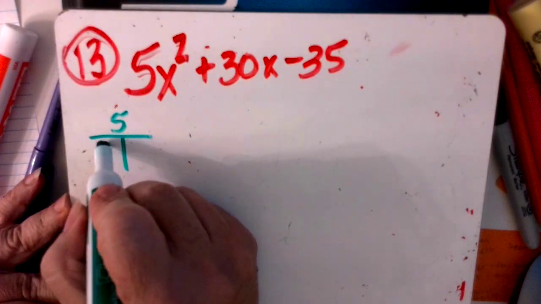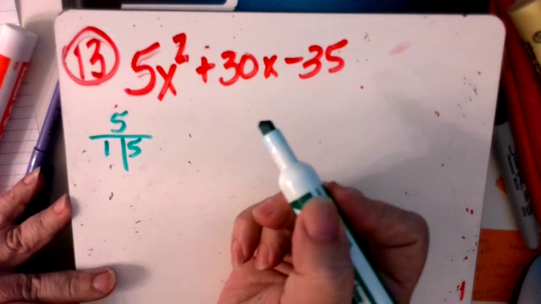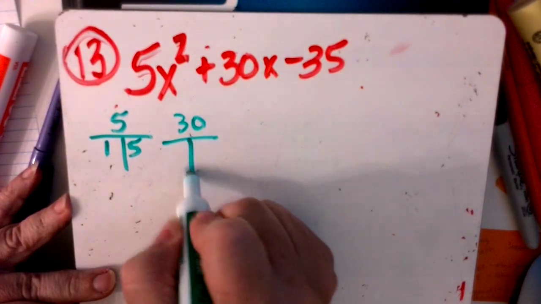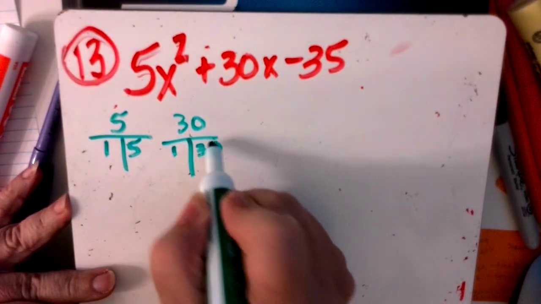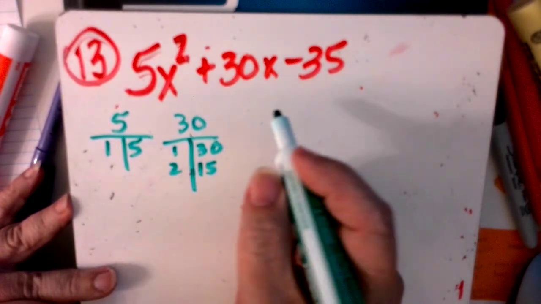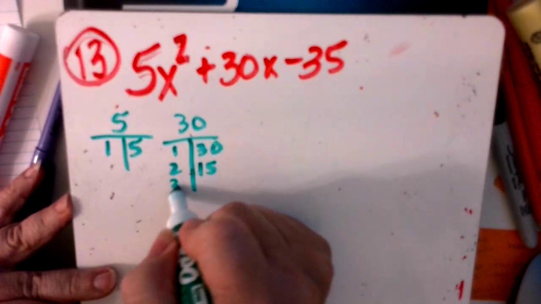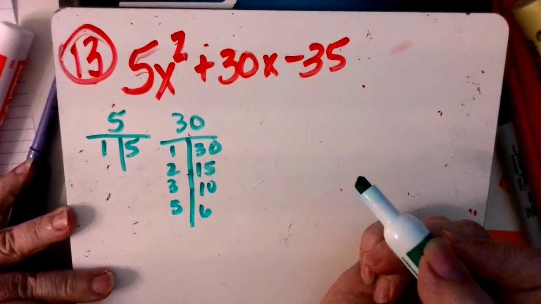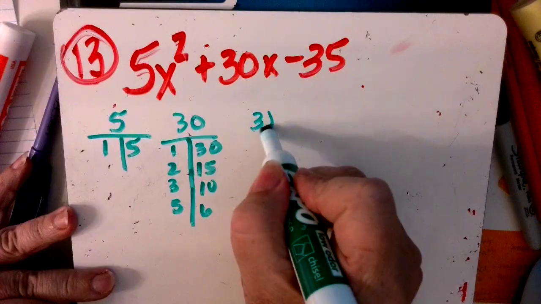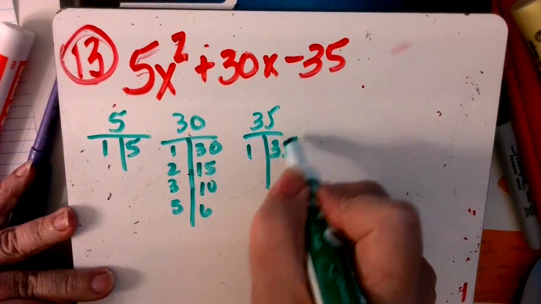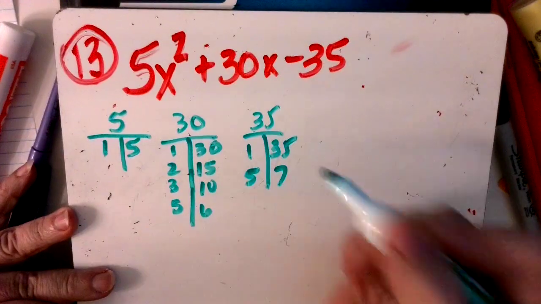The only thing that multiplies to 5 is 1 times 5. Then 30 is 1 times 30, 2 times 15, 3 times 10, and 5 times 6. And then we have the factors of 35, which is 1 times 35, and 5 times 7.